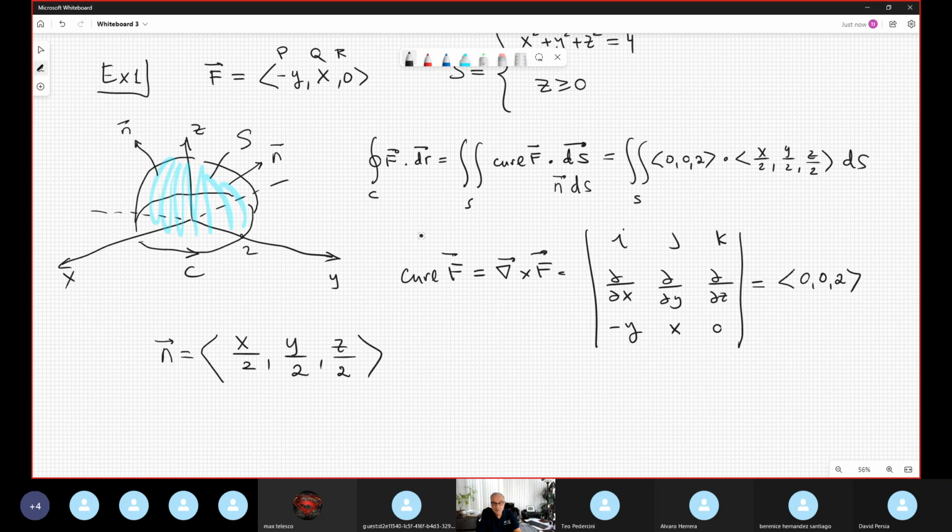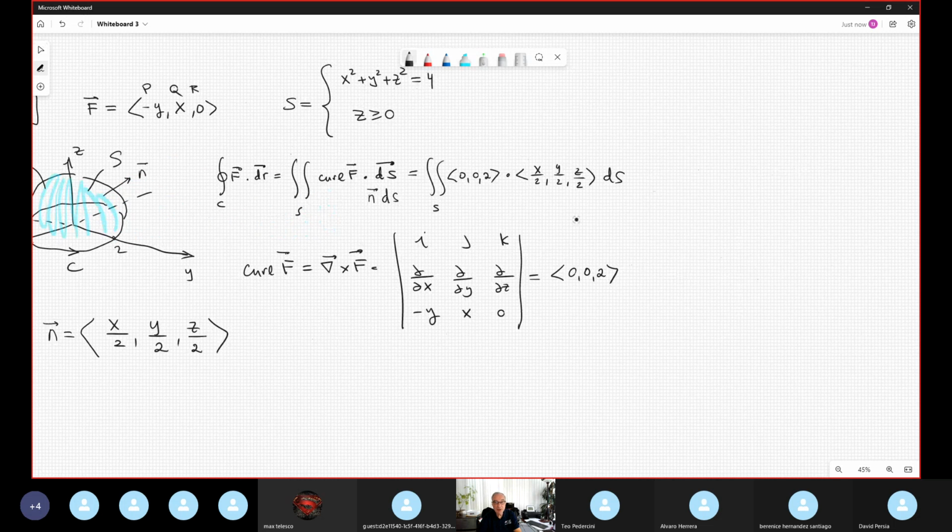And you perform the dot product. It's multiplication: 0 times something is 0, 0 times something is 0, and this times this is 2. It's a double integral in the region R of the z, because these 2 and these 2 are cancelled, dS.